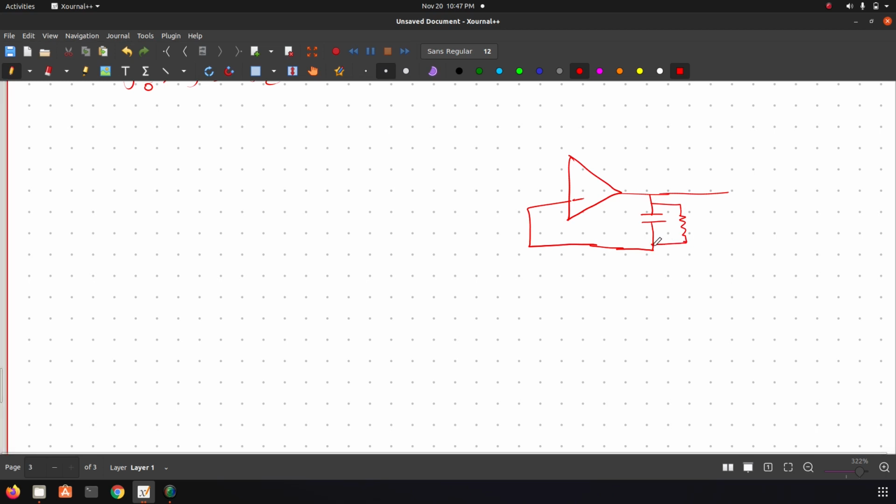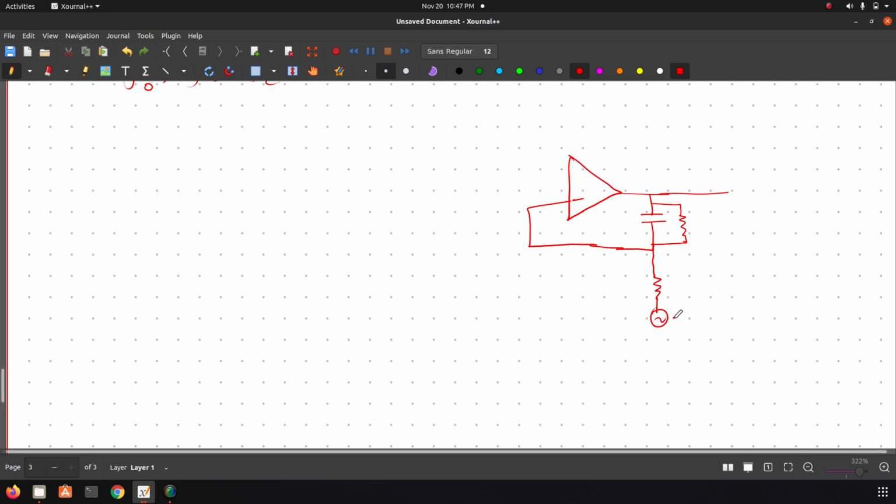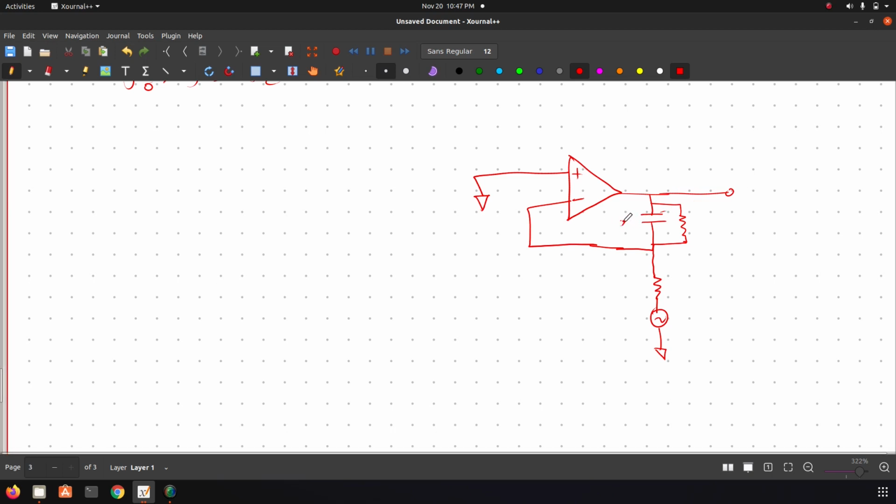This is the input, and here we have an input resistor and an input signal, and this non-inverting terminal is grounded. So this is an inverting op amp in the integration. The capacitance is CF, the reactance is XC, and this is RF.